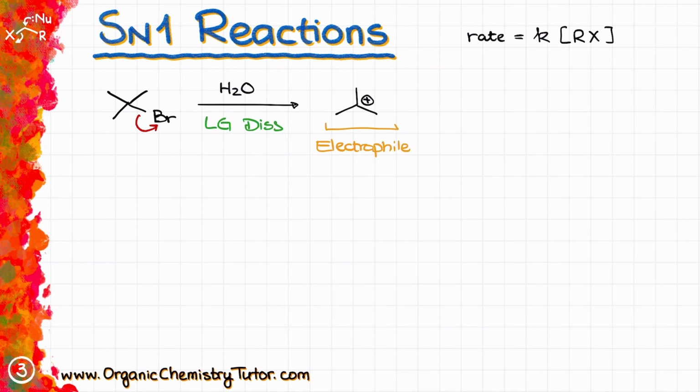So if I were to grab Br-, well, I'm just going backwards and it doesn't get me anywhere. But if I react with water, then the electrons from water are going to move towards my carbocation, which during this nucleophilic attack is going to produce a new carbon-oxygen bond. So I have my new carbon-oxygen bond over here.